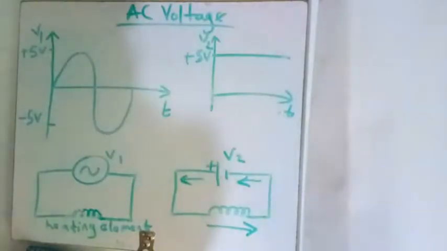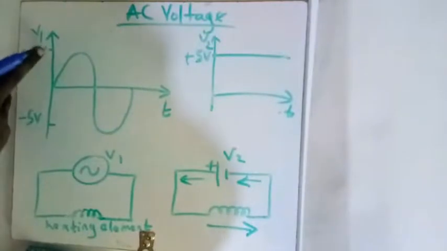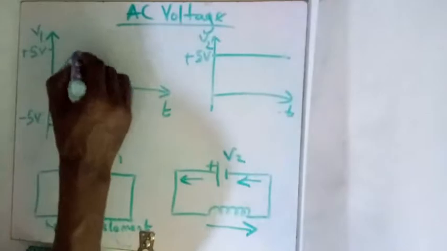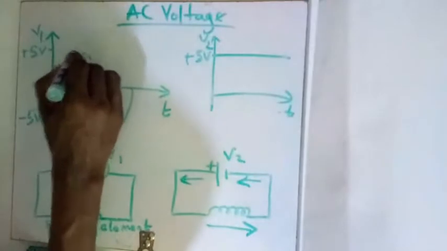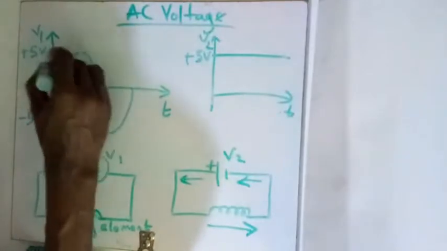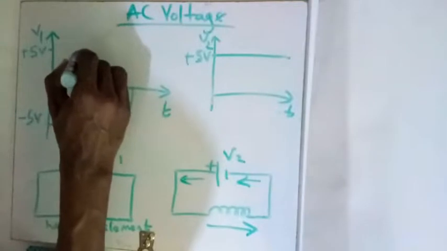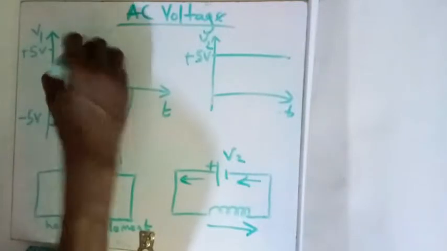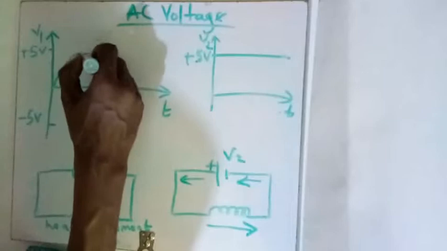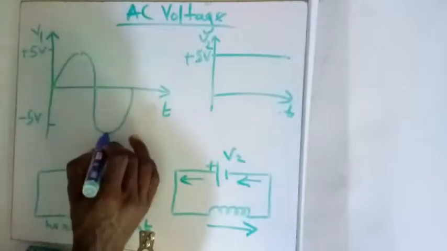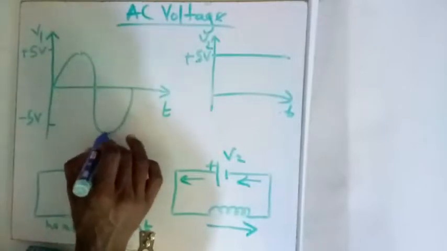Although we are applying 5 volts peak value from the AC, it's just at a single point. It's actually 5 volts only at an instant, at this peak here. Every other time it's less than 5 volts, and you are supplying negative 5 volts only at this point.